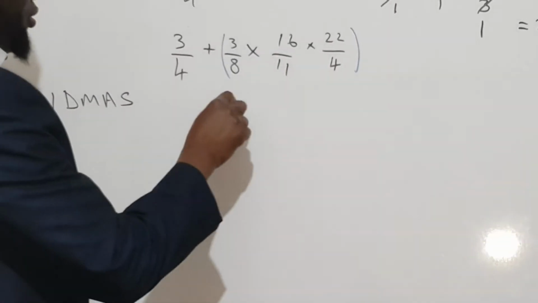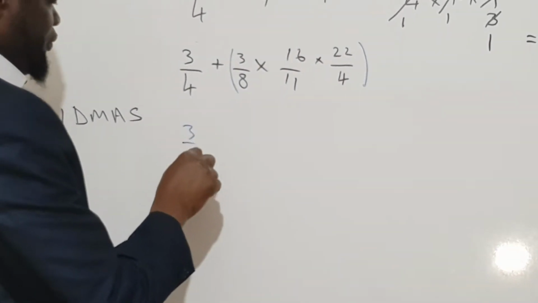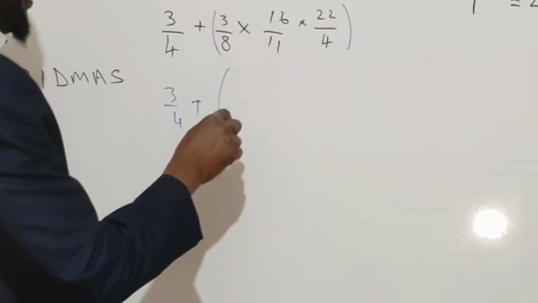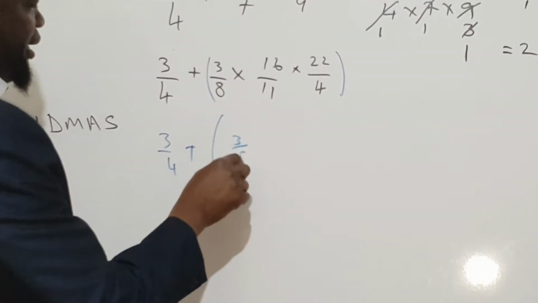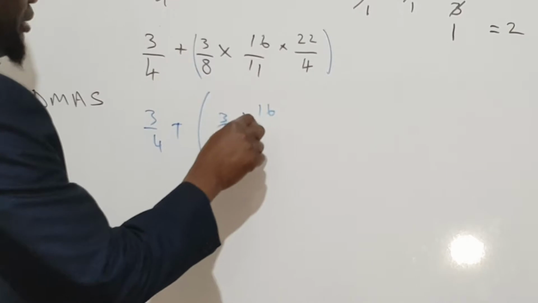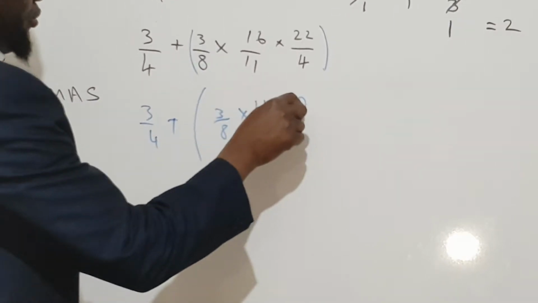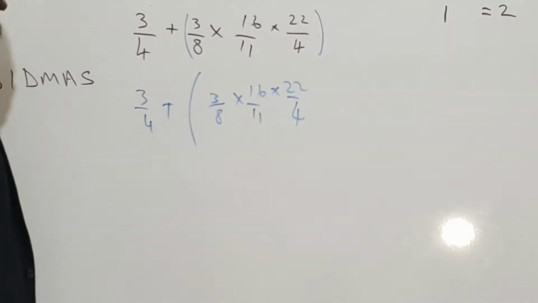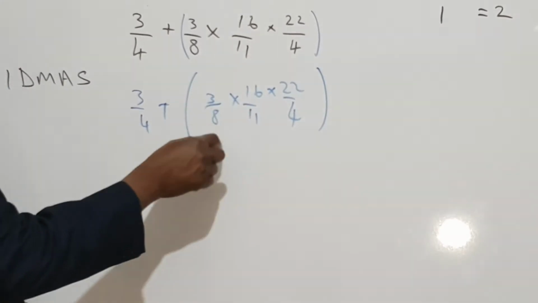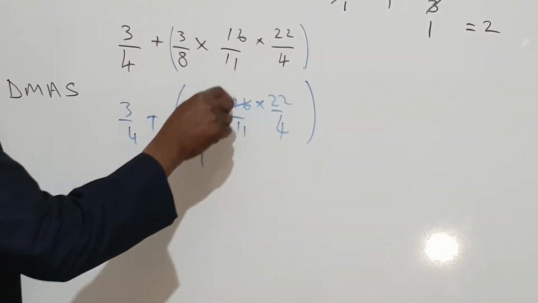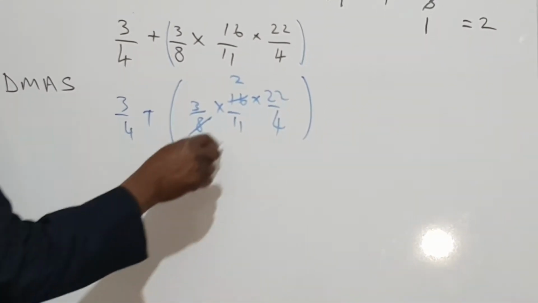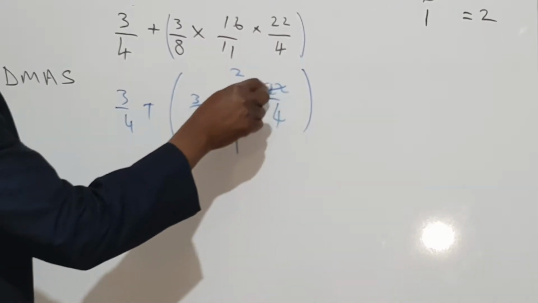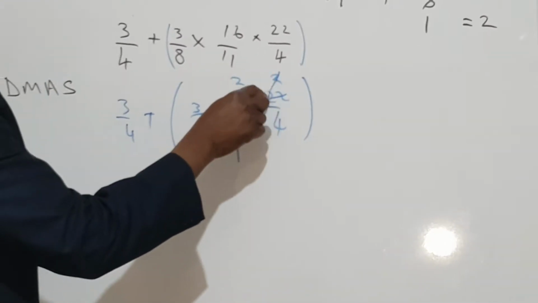So down it, you will say 3/4 plus, in your bracket, 3/8 times 16/11 times 22/4. If you want, you can straight away cancel here. 8 into 8, 1. 8 into 16, 2 times. 11 into 11, 1. 11 into 22, 2 times. 2 can go into 2, 1.